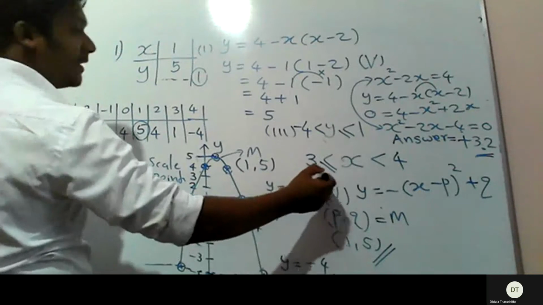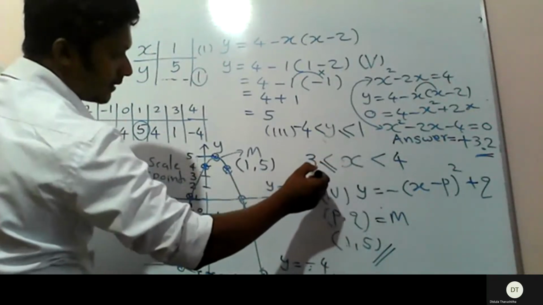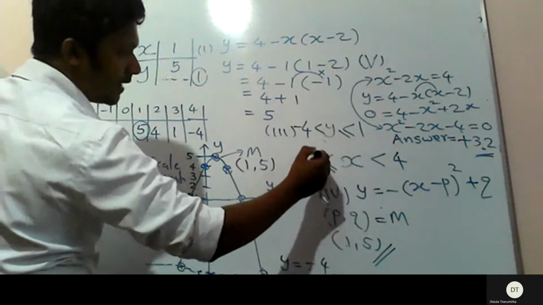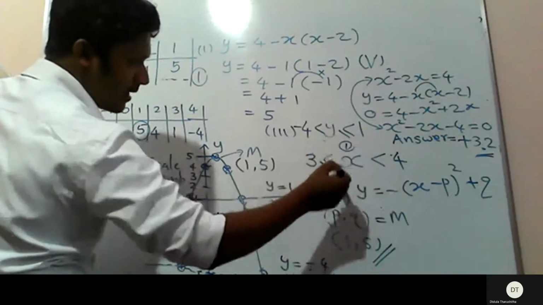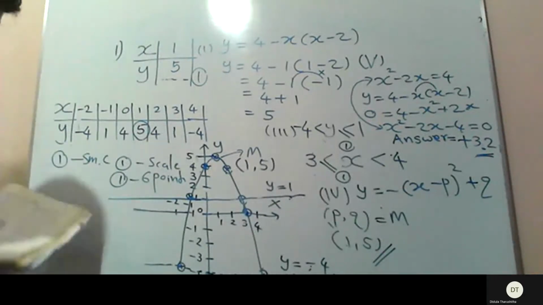1 mark for these two values and 1 mark for this full inequality. 2 marks for the question.